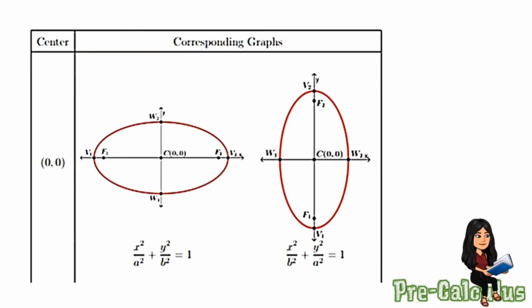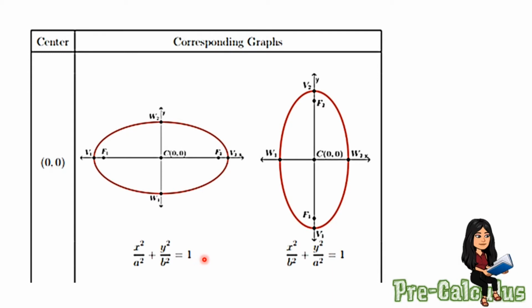Now, let us look at the graphs and the standard form of equation of the ellipse. Again, if you have an ellipse that is horizontal and its center is at the origin, your standard form of equation must be x squared over a squared plus y squared over b squared is equal to 1.